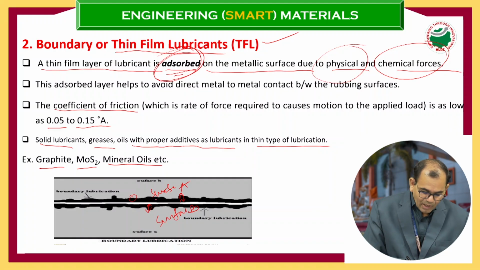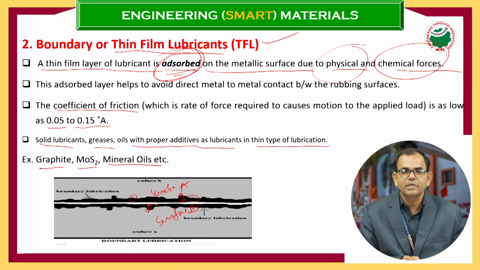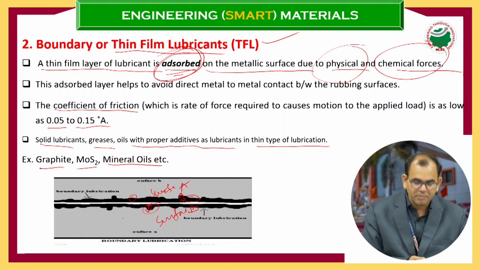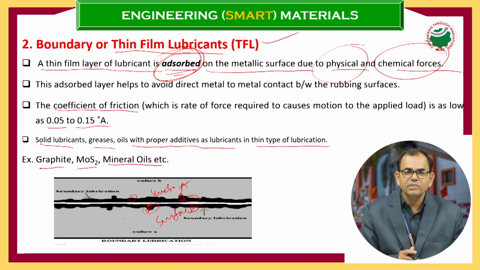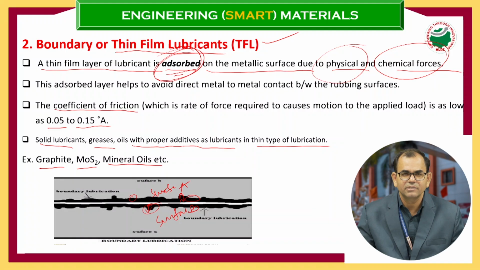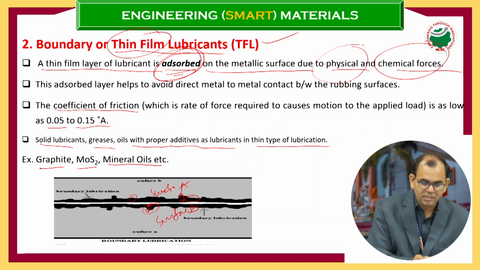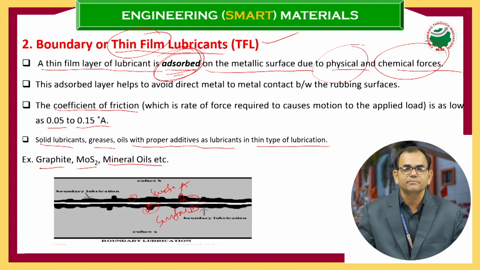Similarly here, on object A, whatever the green part is, that is the grease or wax or lubricant. Similarly for object B. What is the thickness? It is somewhere 10 to 20 nanometers thickness of grease. That is why we are calling it a thin film lubrication mechanism.